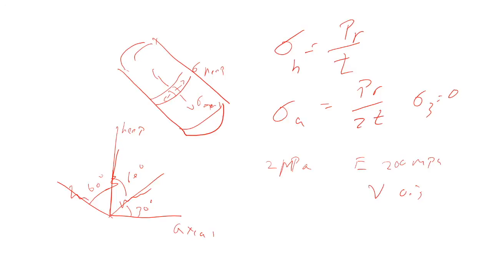And I basically ask, determine the max allowed stretches on each of these rosette gauges that correspond to the strain at the critical pressure, right? So the critical pressure is 2 megapascals, right?